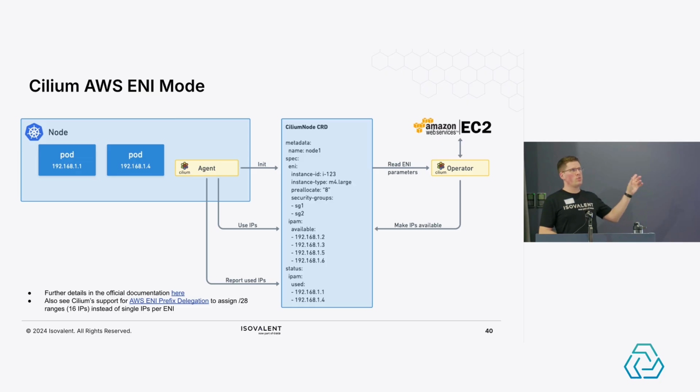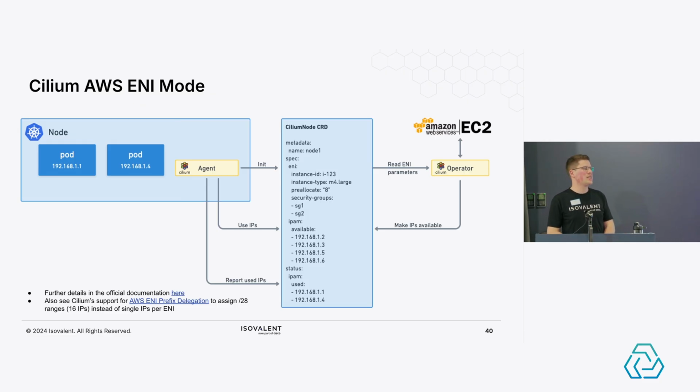So just one slide for the first deployment method, because it's also our recommended way of deploying Cilium on it. That's the ENI mode. Once you deploy it with that, we see that the Cilium operator, on the right-hand side of the slide, is communicating with the VPC IPAM, fetching new IPs and caching them within this so-called CiliumNode custom resource definition.